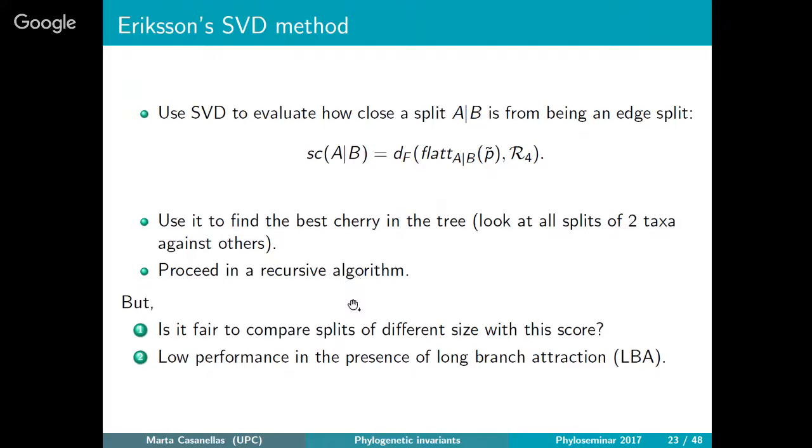So this method might not be statistically consistent. And in simulated data, it was shown that it doesn't perform well in the presence of long branch attraction. Okay, so what's the problem with this method for this second issue?